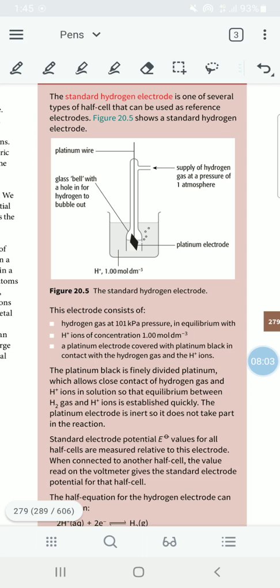H plus ions of concentration 1 mole per cubic decimeter should be present along with a platinum electrode in close contact with hydrogen ions in solution as well as the hydrogen gas being pumped in.